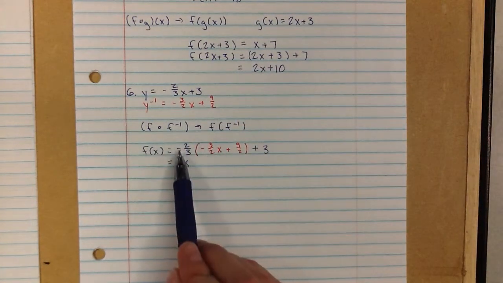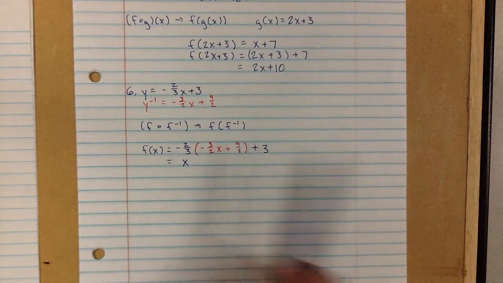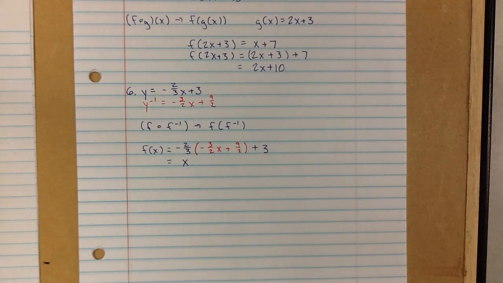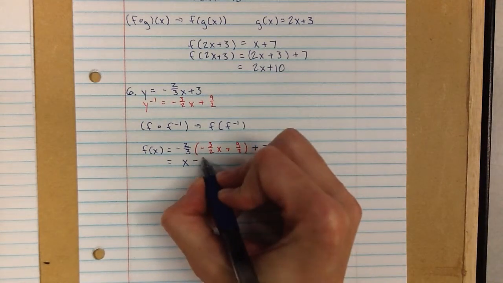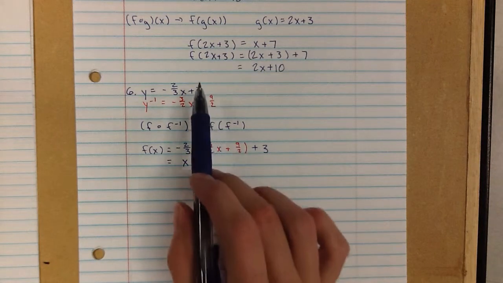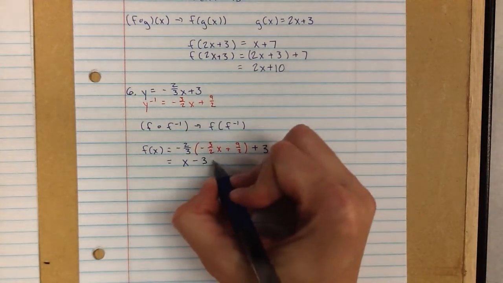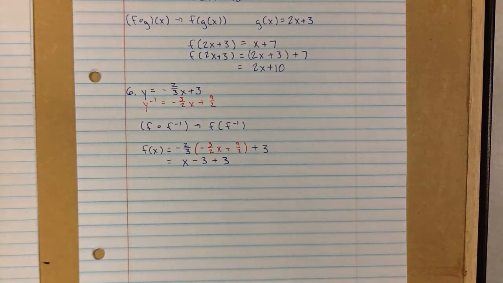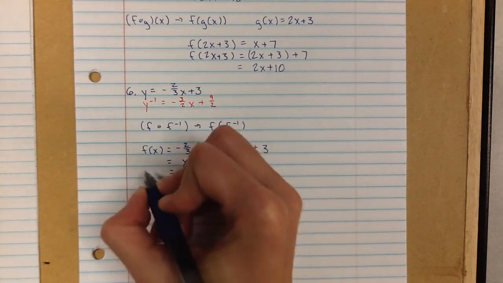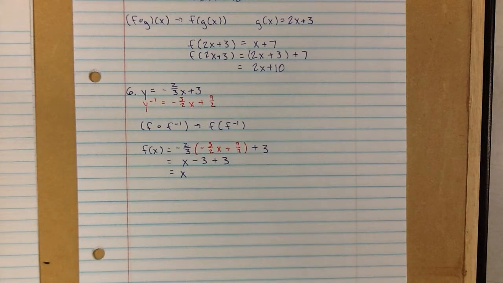Now, negative 2 times 9, negative 18. 3 times 2, negative 18 divided by 6. Holy cow, we did it again. Plus 3 right here is coming from the original. So we ended up with x. That's what was supposed to happen.